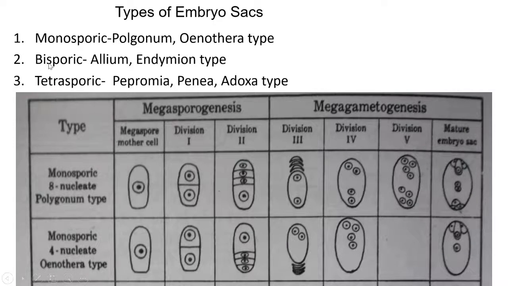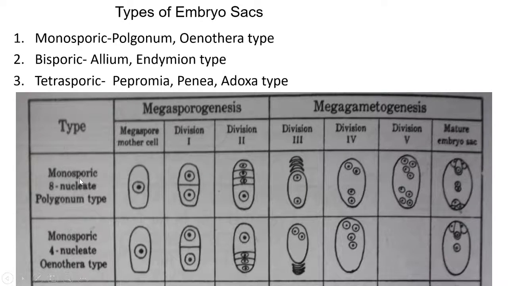When 2 megaspores out of 4 take part, they are called bisporic. And when all 4 megaspores take part, it is called tetrasporic. Examples: monosporic, Polygonum, Oenothera; bisporic, Allium, Endymion type; and tetrasporic, for example, Peperomia, Fritillaria, Adoxa type.